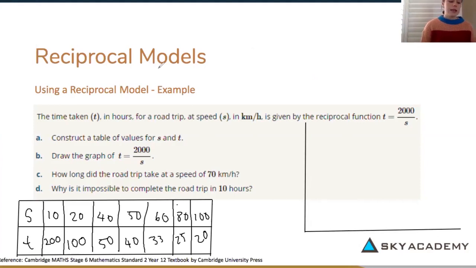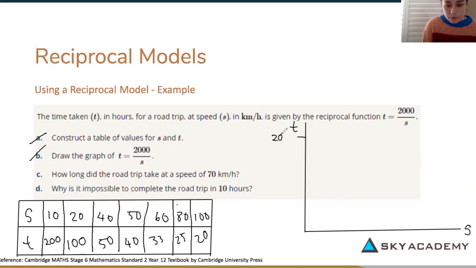This is going to be our s, and this is going to be our t. And now we have to put our scale on. For question B, it says draw the graph, and so we're going to put our scale on to draw it. For T, I'm going to go up to 200, and I'm just going to go up by 50.